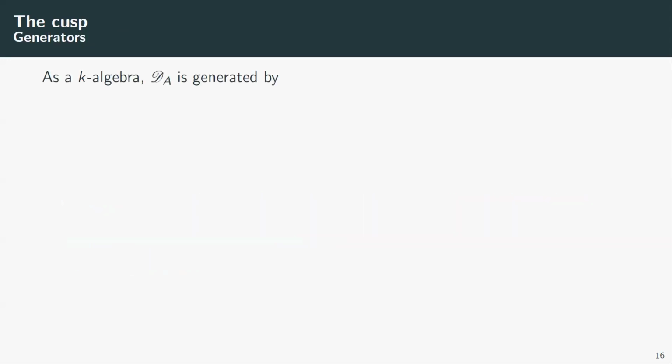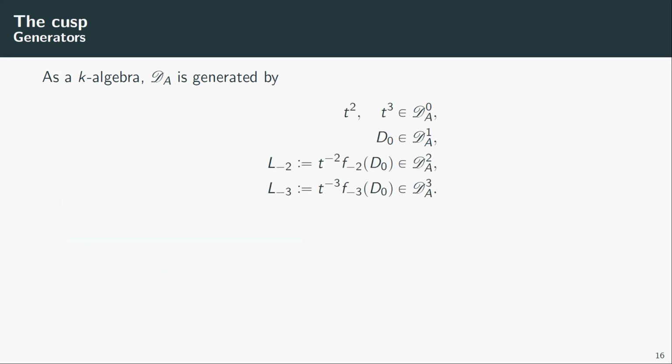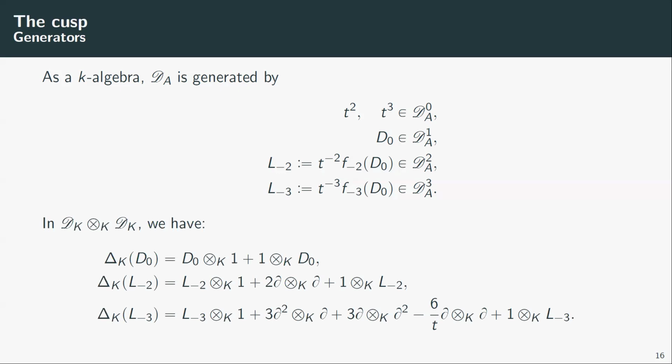Okay. To formulate the structure maps, I will first give some generators of dA. As a K-algebra, dA is generated by the elements of A, the derivation D0, and some special differential operators L-2 and L-3, which are respectively of order 2 and 3. Let us look at their comultiplication in dK tensor dK.